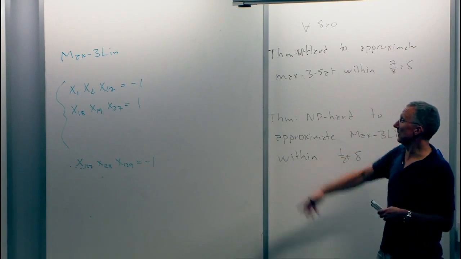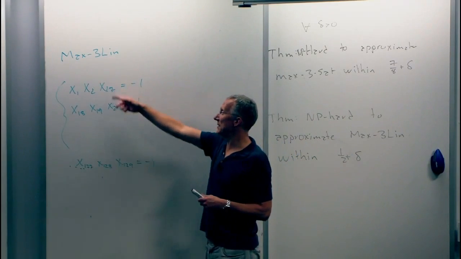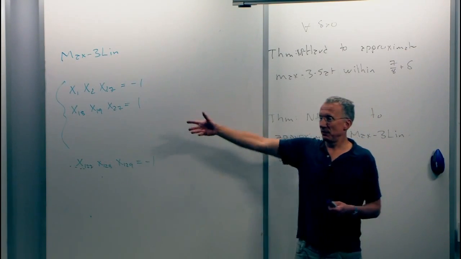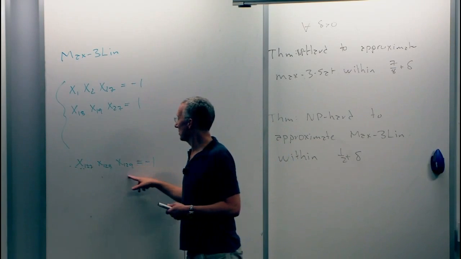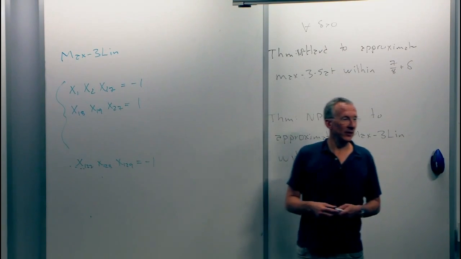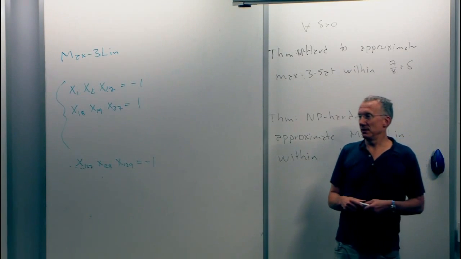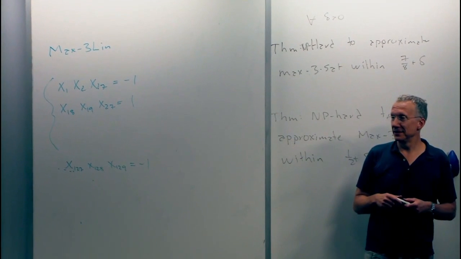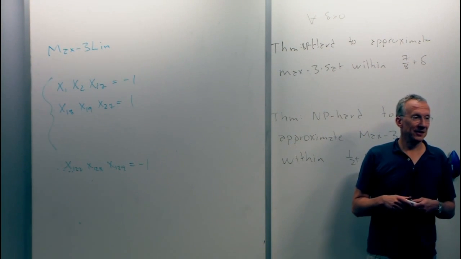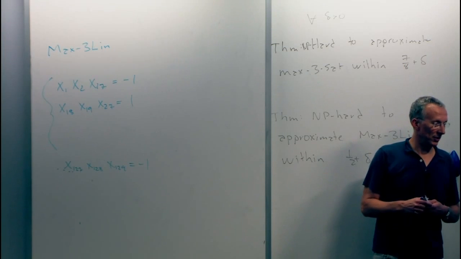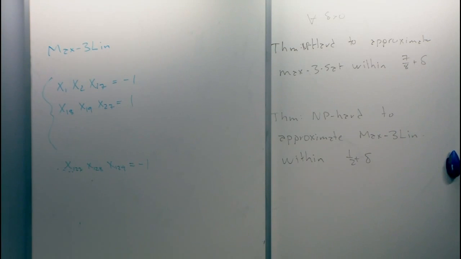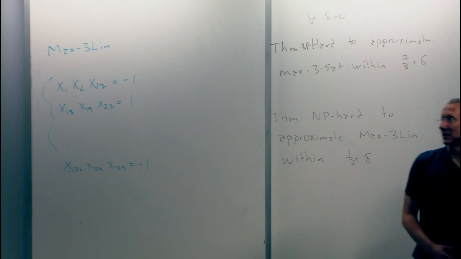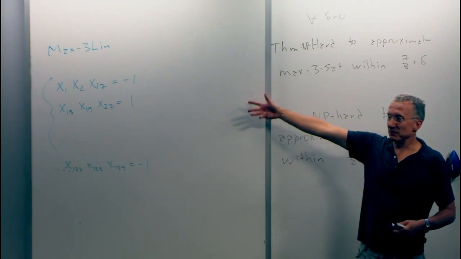So Max 3-Lin will be the system of equations where monomials of degree 3 are equal to constants. Why do I call such a nonlinear system Max 3-Lin? Just switch the basis and it's linear. Yeah, this is just parity equations, right? So that's why it's linear.